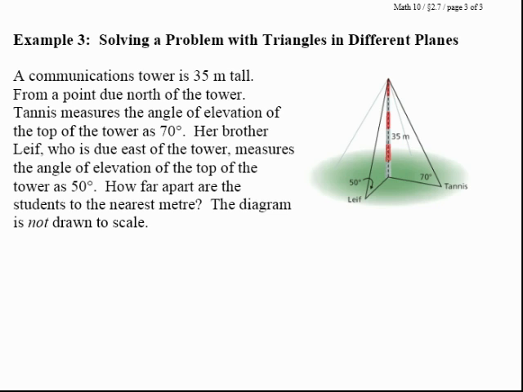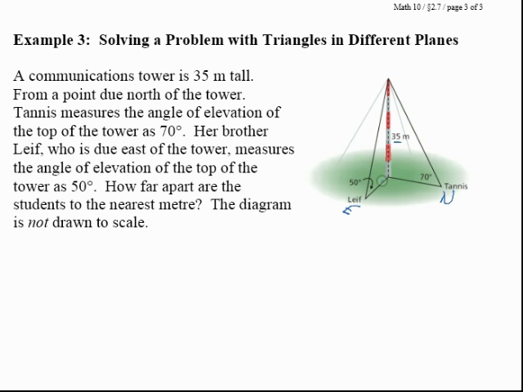The communications tower is 35 meters tall. There's the tower. There's the 35 meters. From a point due north of the tower, Tanis measures the angle of elevation to the tower as 70 degrees. So this is north. And her brother, who is due east of the tower, is here, and measures the angle of elevation as 50 degrees. How far apart are they?